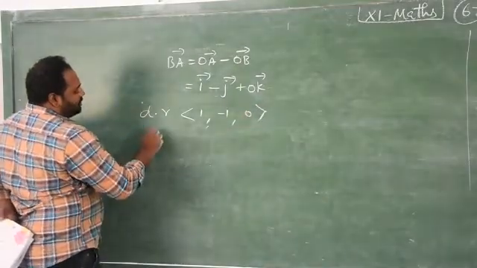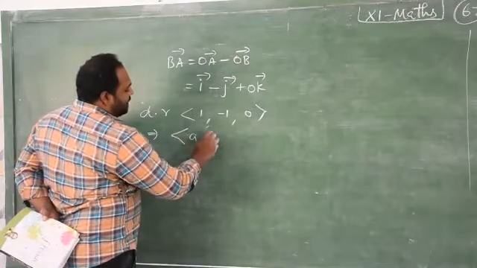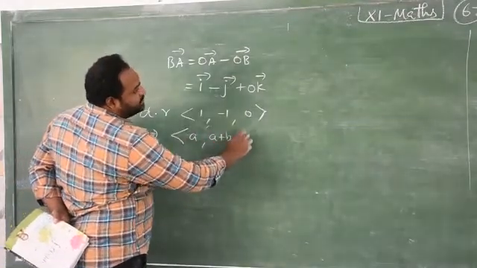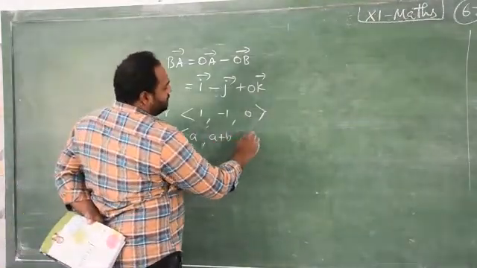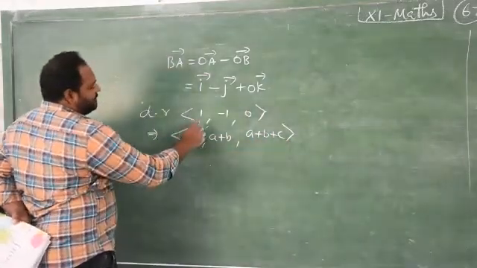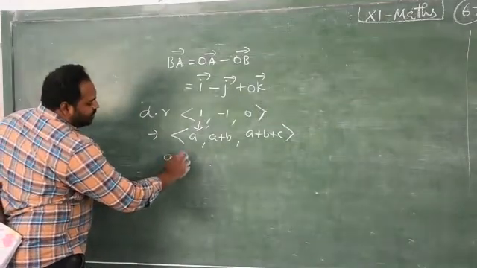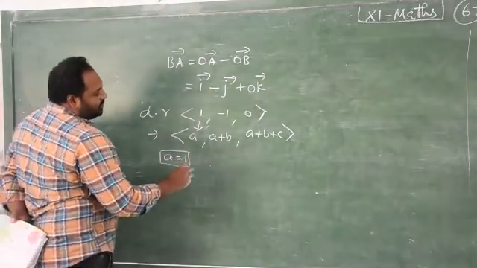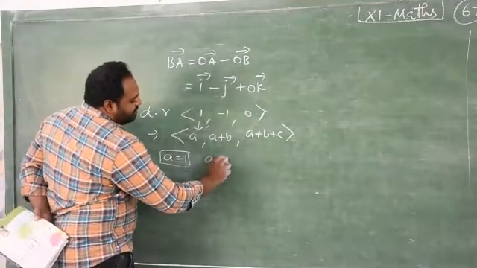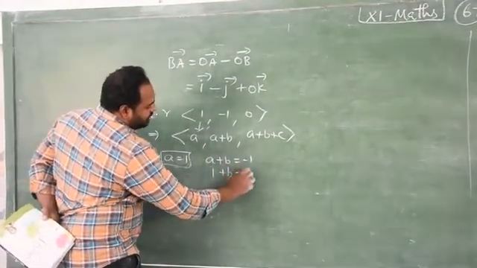Here also I am comparing with the one set of ratios given in the question, a, a plus b, and a plus b plus c. Comparing the direction ratios, a equals 1 directly from the first ratio. Then a plus b equals minus 1, so 1 plus b equals minus 1.